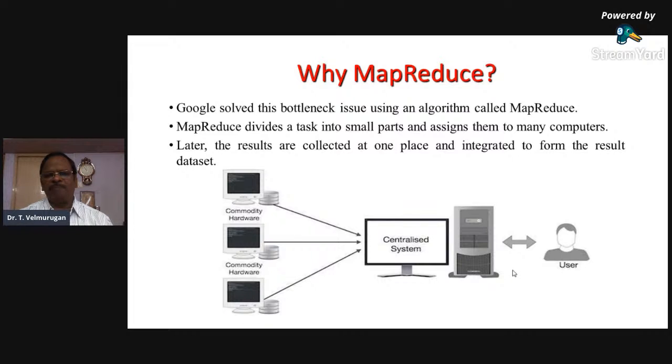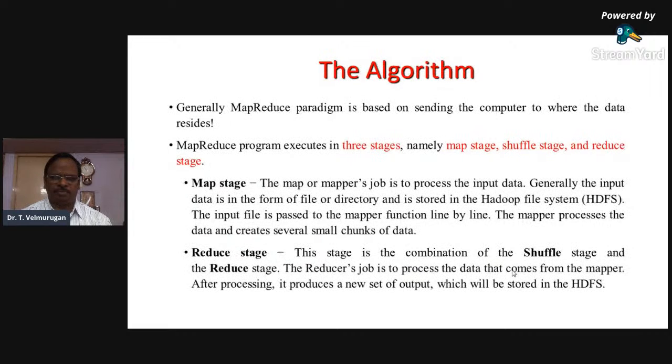Therefore, we can run multiple computers by utilizing the MapReduce method in order to do multiple tasks, in order to process large volumes of data. That's why we require the MapReduce method.